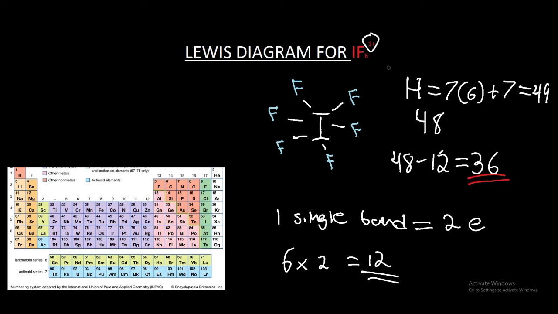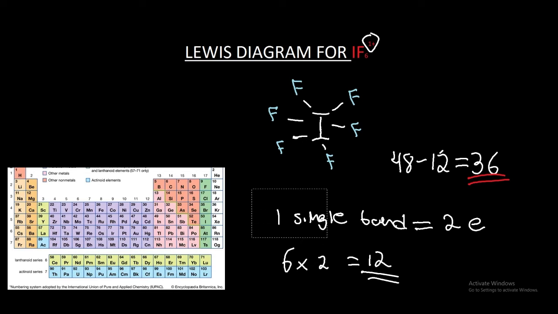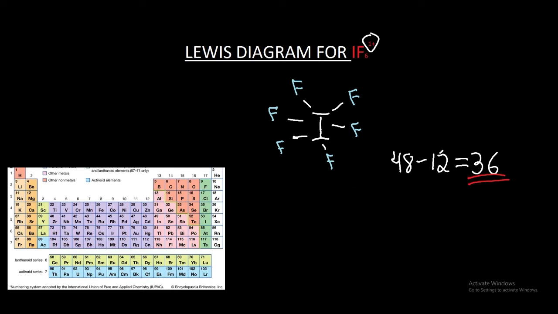So now knowing that we have 36 electrons left to use and place around our fluorine atoms, we can start placing them one by one until we have none left. 35, 36, and would you look at that? Perfect. We filled out every single fluorine atom, and we do not have any leftover electrons to place on the central atom to be lone pairs. So we don't have any lone pairs in this case.